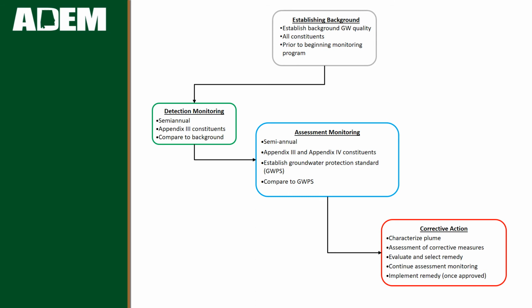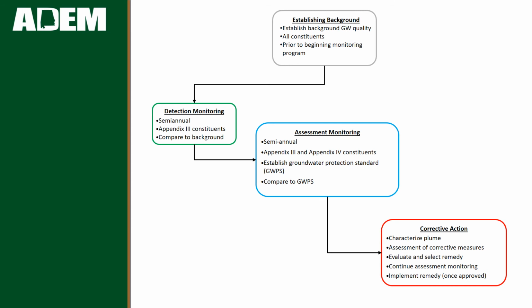In detection monitoring, the facility samples for what's called Appendix 3 constituents. These parameters include boron, calcium, chloride, fluoride, pH, sulfate, and total dissolved solids. These parameters were selected specifically because they permeate the ground and quickly move to groundwater. This provides an early indication that there may be an impact.